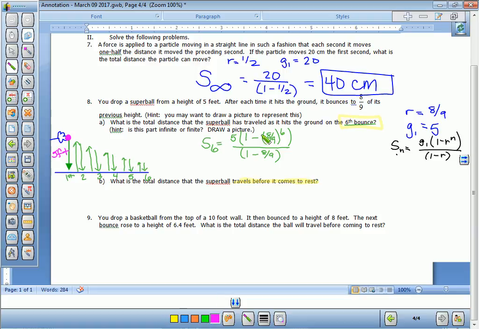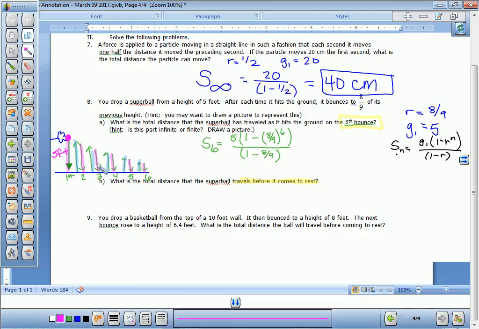So what this actually did was calculate this distance, and this distance, and this distance, and this distance, and this distance, and this distance. I counted all 6 of the downs. I didn't count the ups, did I? So what would I have to do to count this up and this up? Double it. Multiply by 2.